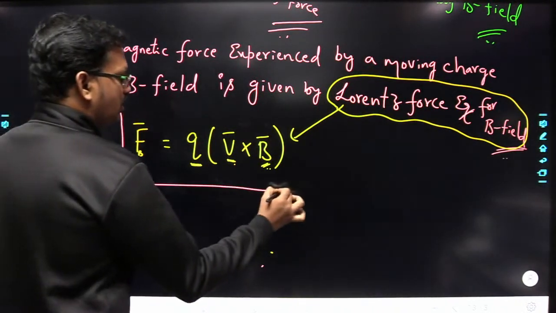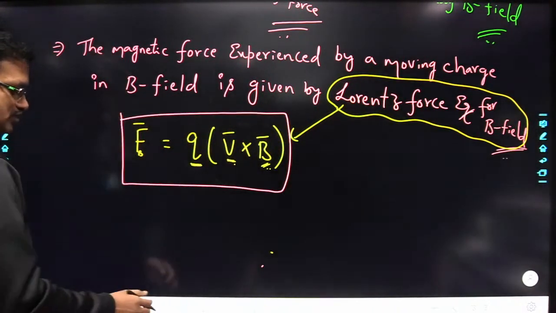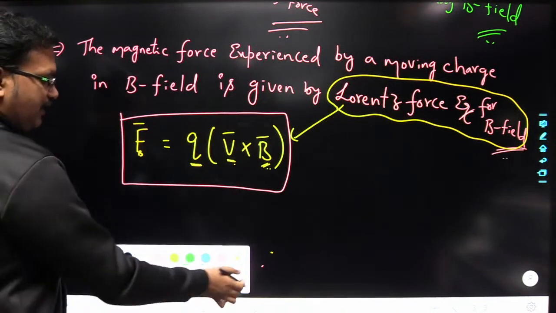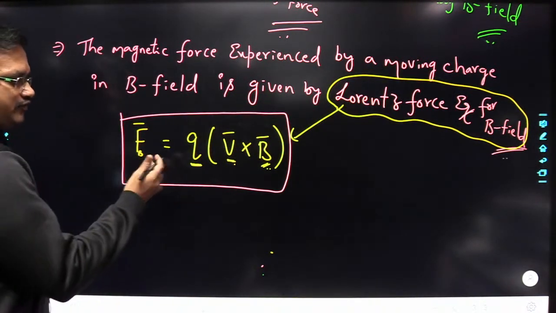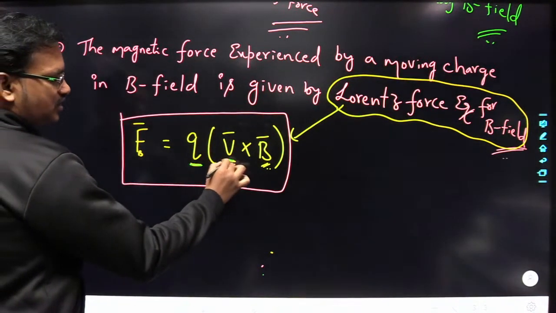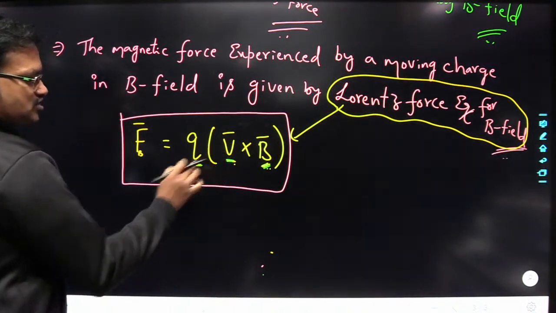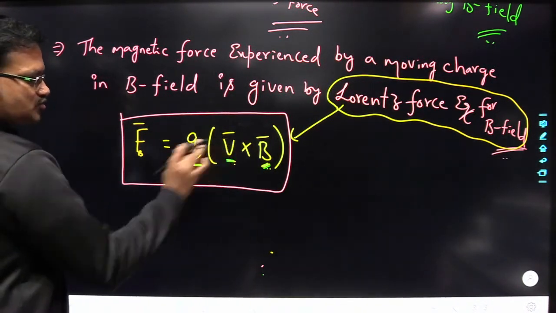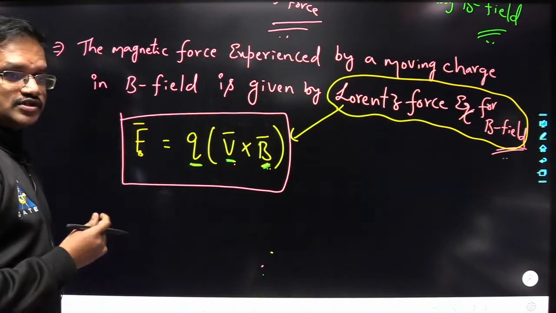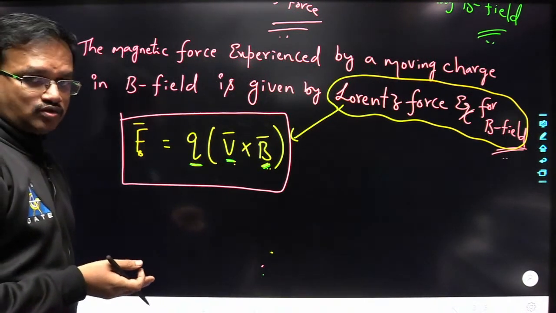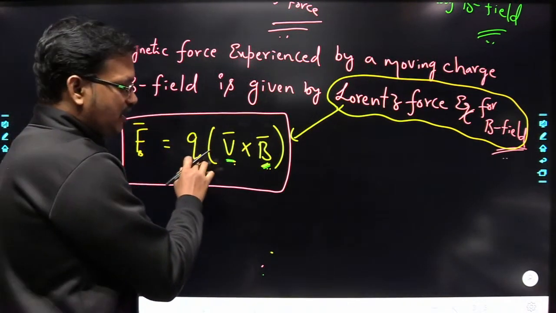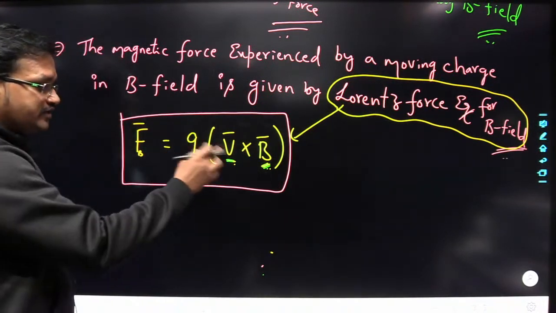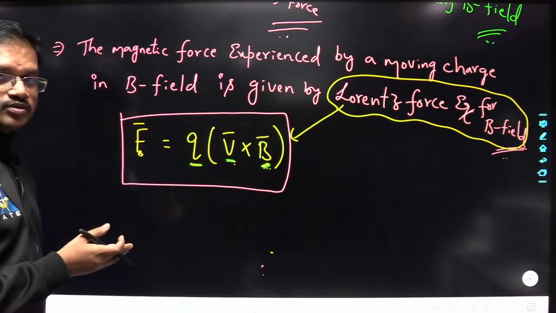So this is the expression for the Lorentz force equation due to magnetic field. If you observe this equation, if the velocity of the charge is equal to 0, then the magnetic force is also equal to 0. So if the charge is stationary, its velocity will be 0, then the force will also be 0.